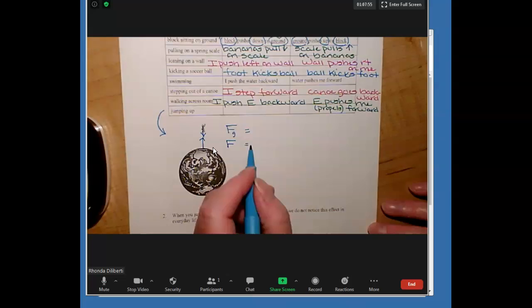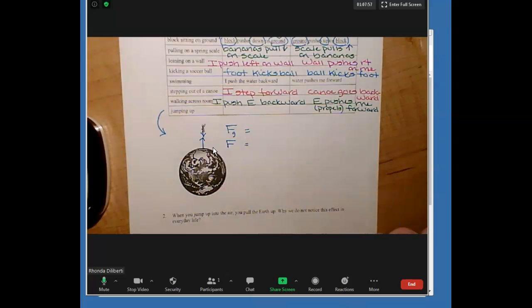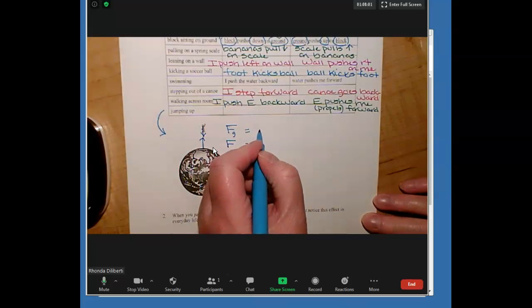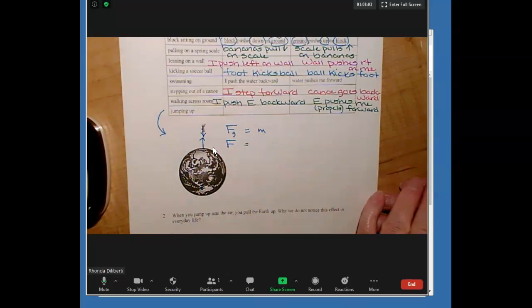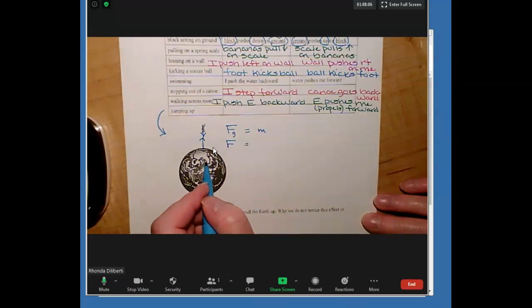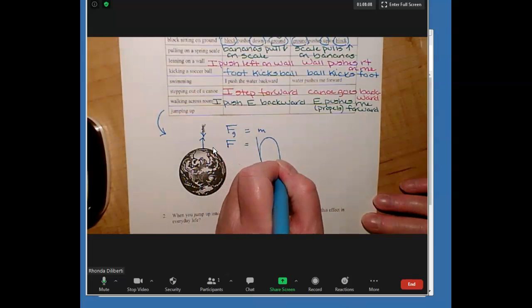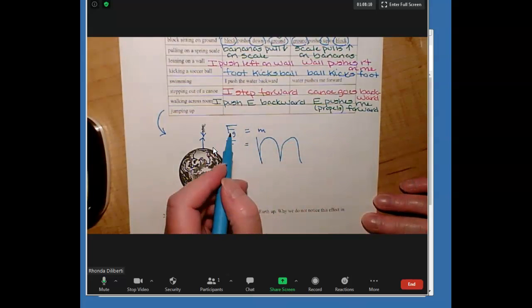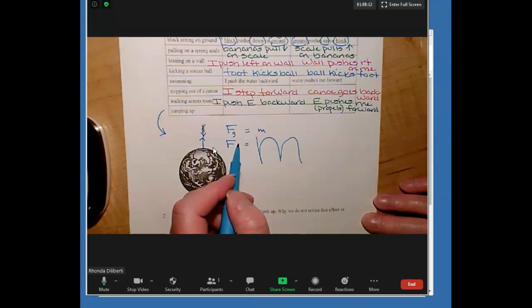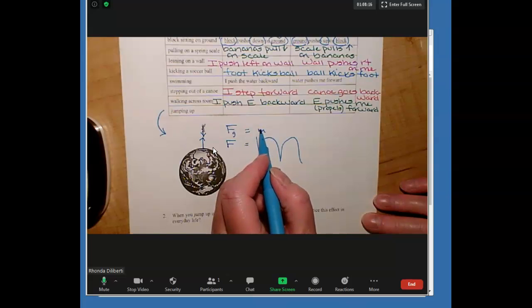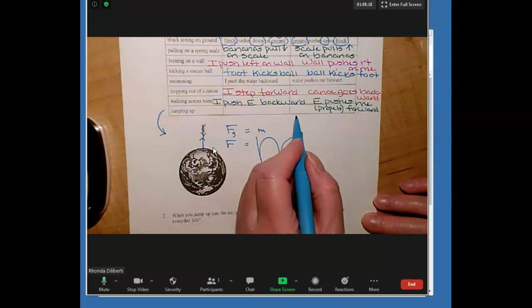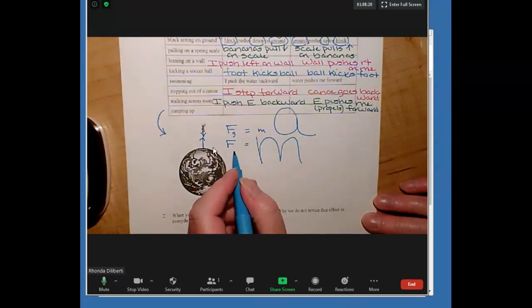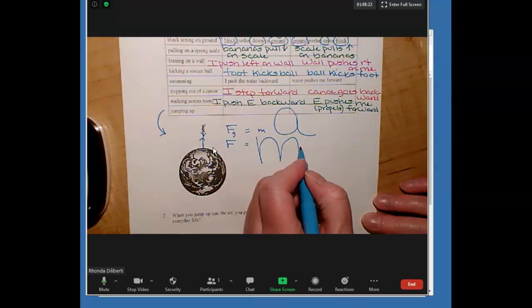But now let's add Newton's second law on top of the third law. So here's me. I have a tiny m. Here's the earth. It has a really big M. And if the F's have to be the same, if they have to be equal and opposite, then in order for me to get the same F value, I'm going to have a big A, and the earth is going to have a very tiny a.